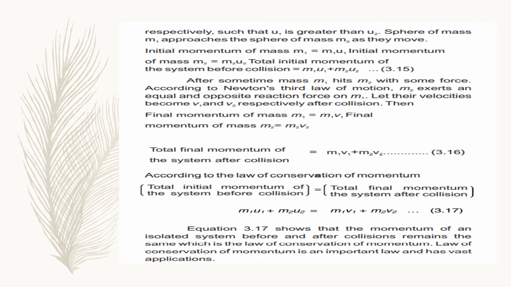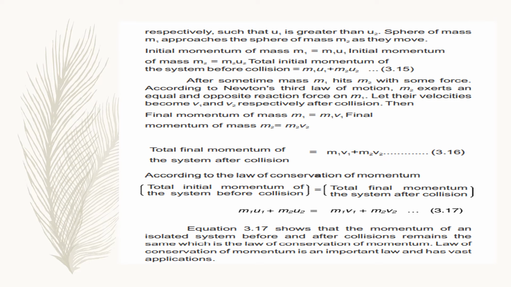According to the law of conservation of momentum, momentum before collision is equal to momentum after collision, because momentum is conserved in both cases. So by putting the values in this formula, we get m1u1 plus m2u2 is equal to m1v1 plus m2v2.